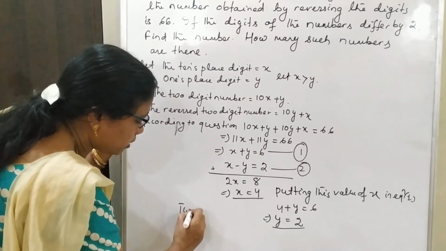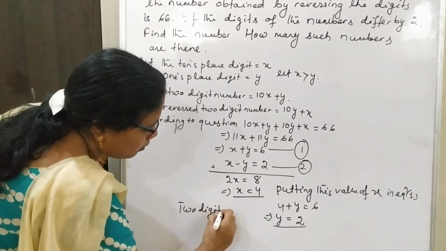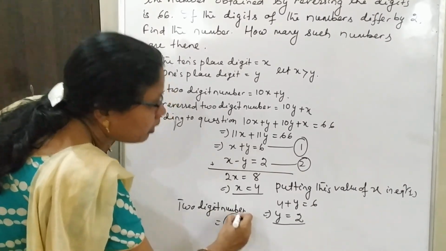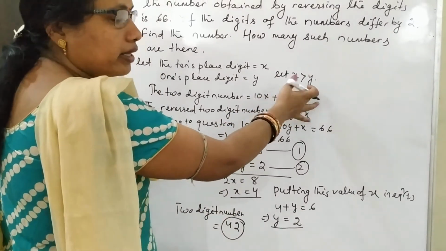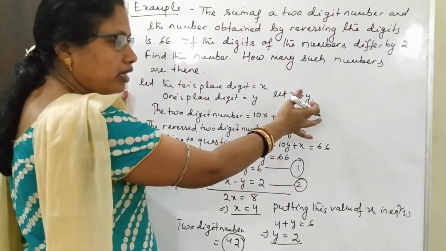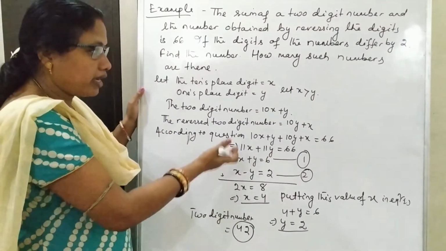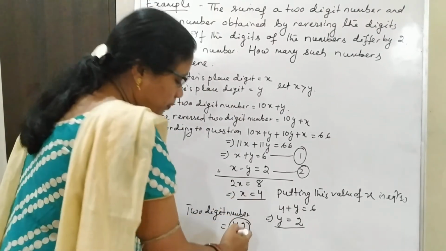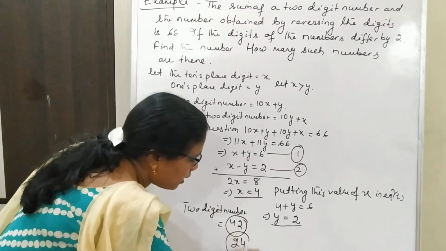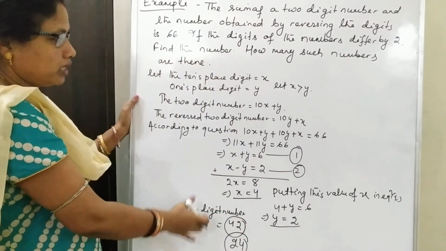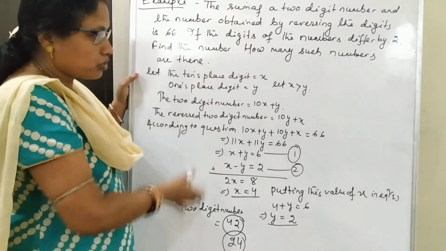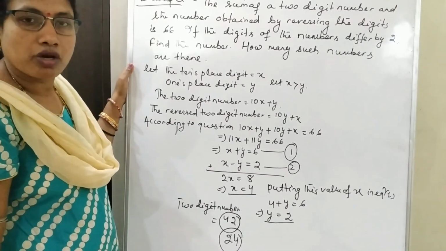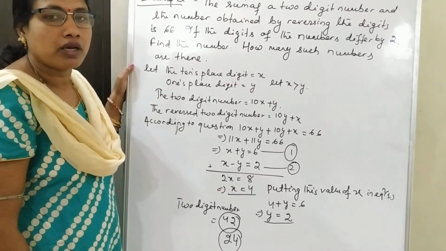So our two-digit number is equal to 42. So here I have taken x is greater than y. That means the tens place digit is greater than ones place digit. If I take the tens place digit less than ones place digit, then the two-digit number obtained is 24. So there are two numbers in which these conditions are satisfied. So these are the methods of elimination to find out the solutions of a pair of linear equations in two variables.